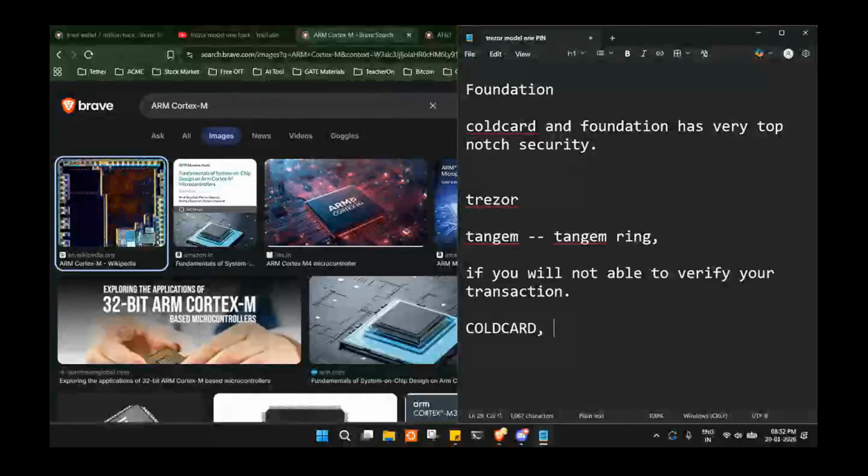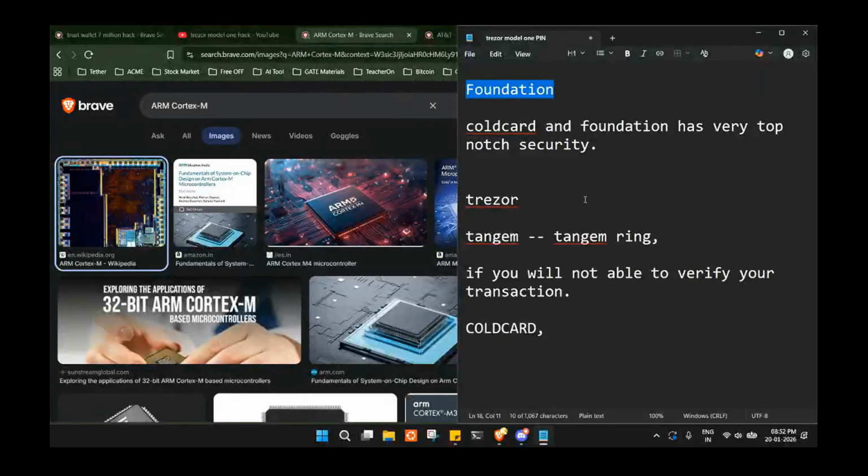Then Foundation is also very good, but it is costly. If you search Foundation devices, I think it would be very costly. So that is also a good thing, but it depends on person to person, right? Some person may invest $1,000, some may invest 500, some may only invest 40, $50, right?